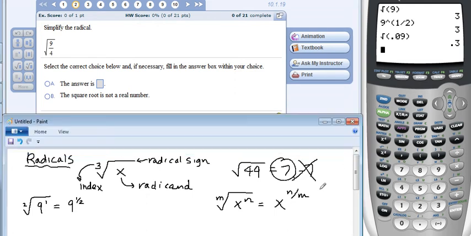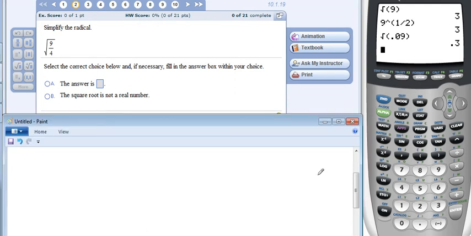Let me show you something by hand on this one. Okay, we have something called the quotient rule with radicals. The quotient rule says that if I have division underneath a radical sign, I can separate them, and each piece can get its own radical sign.